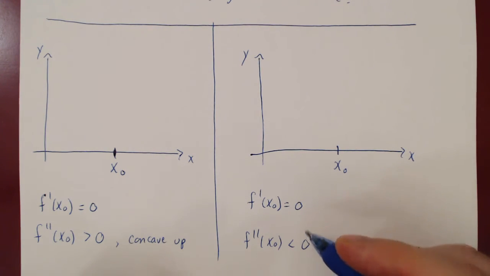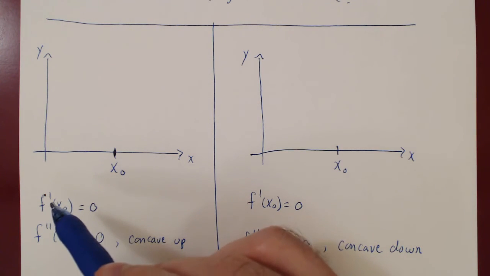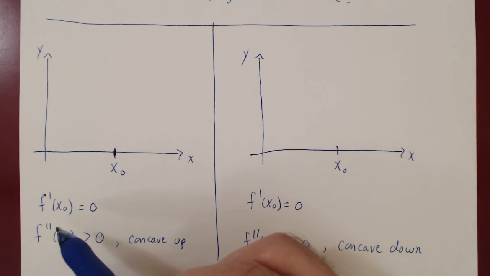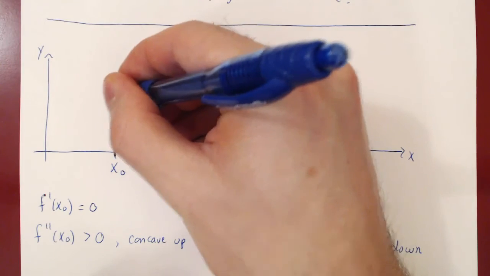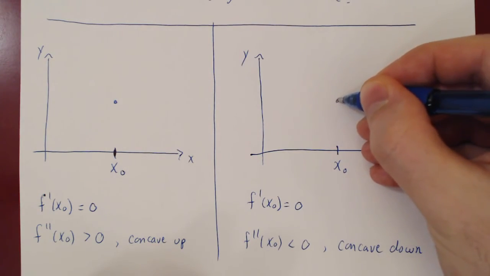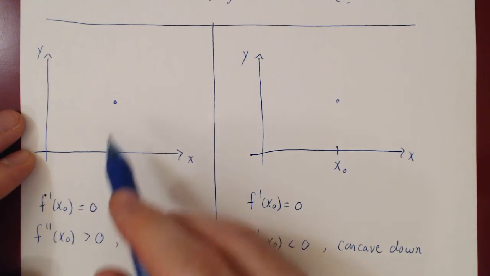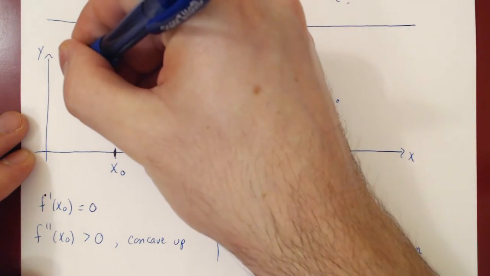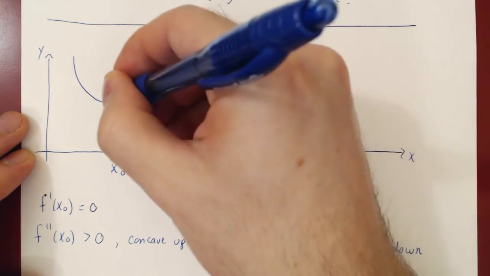Now think of it. There's not many ways you can sketch the graph of a function at x0 where the curve is flat and that is concave up. Suppose that the y value is here in both cases. The only way to have a curve that is flat at x0, and whose concave up is if the curve looks something like this.